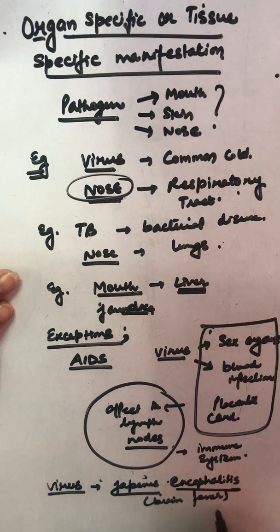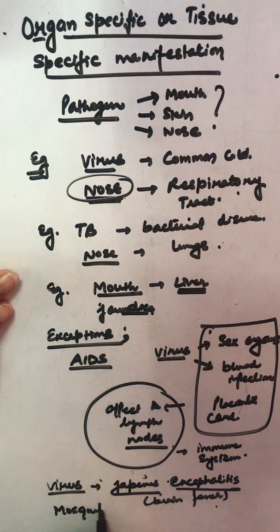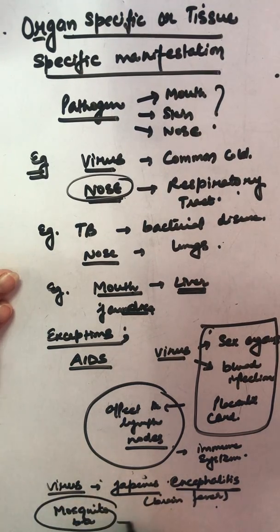Virus which is causing Japanese encephalitis enters the human blood through mosquito bite. Mosquito bite. And where does it reach? Brain, to cause brain fever. So this is another different example in exception. Clear?